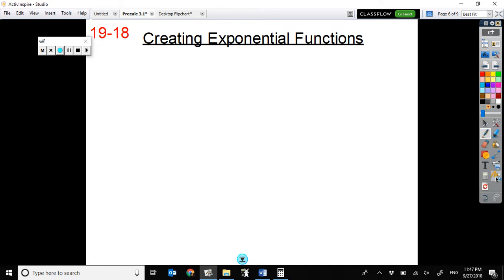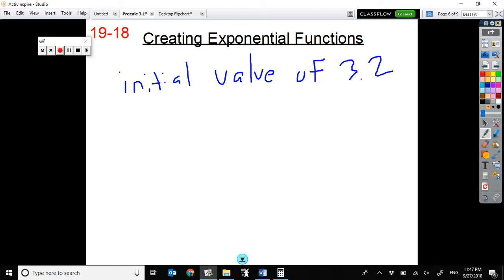What if I have an initial value of 3.2 and my rate is decreasing by 22%?